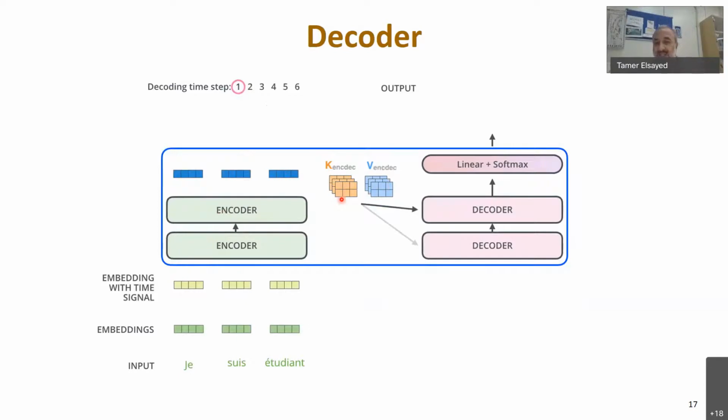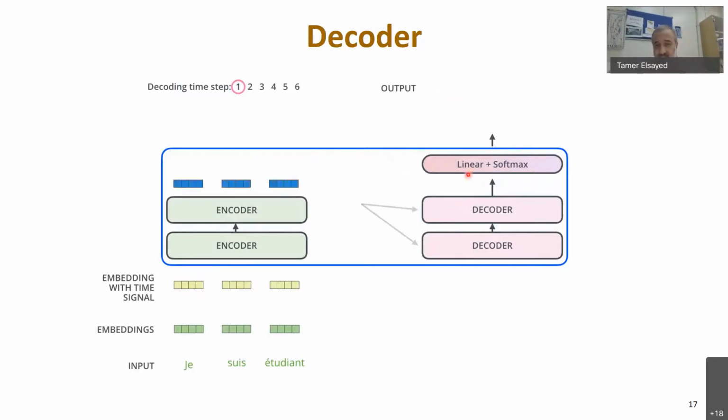These matrices are given at time step 1 to provide the first output, which will be a word, as you will see here, I. Okay, je suis étudiant, so I am a student, so I is the first word. Okay, so understand now this animation.